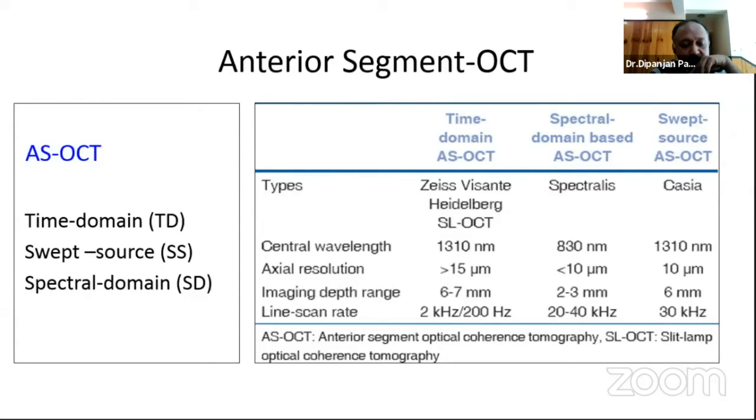And if we have a longer wavelength, as in SSOCT or swept source, there is enhanced depth of penetration of the light beam, so we get fantastic resolution, which is definitely repeatable and reproducible.